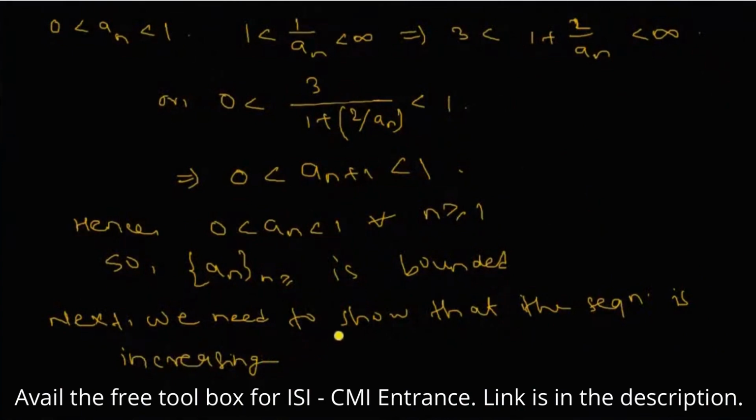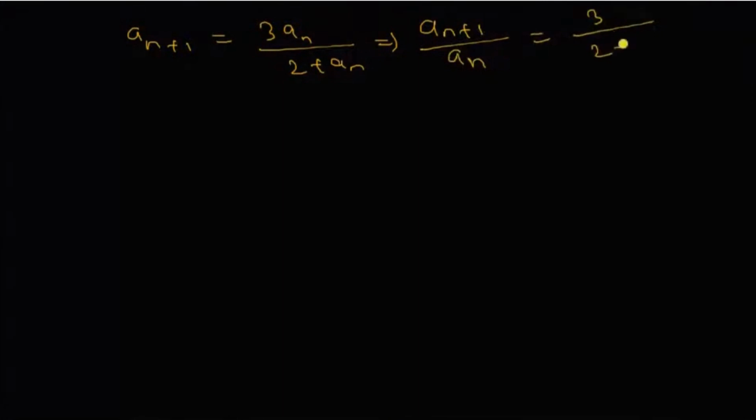Increasing. So for this, a_(n+1) is equal to 3a_n by 2 plus a_n, which implies that a_(n+1) by a_n is equal to 3 by 2 plus a_n.